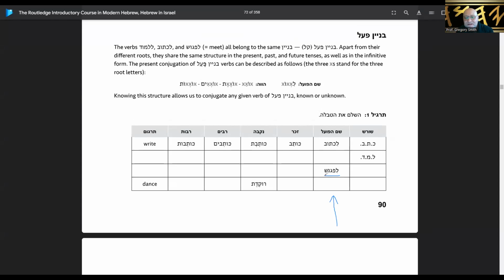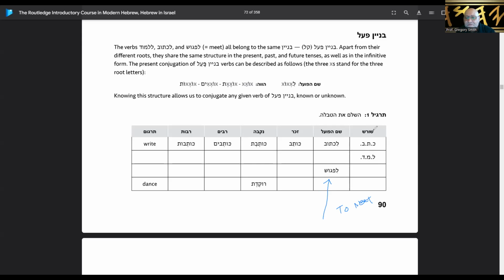So right now I think this is the pagash one, the meet one. Lifgosh, to meet.